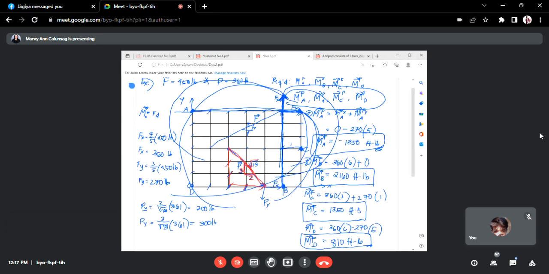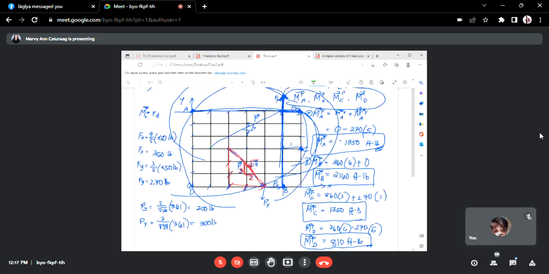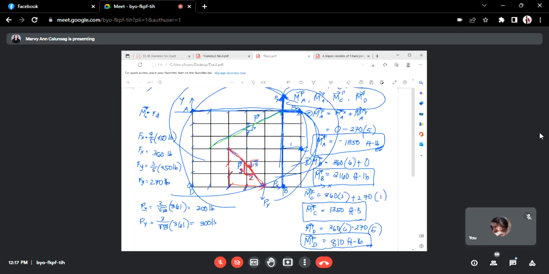Pareha ra sa F. This is our force F. So, may maklaro nga color. Yellow lang. Mao ni si F. Unya, mao ni slope gid ni F, class. So, slope nato, this is 1, 2, 3, 4.